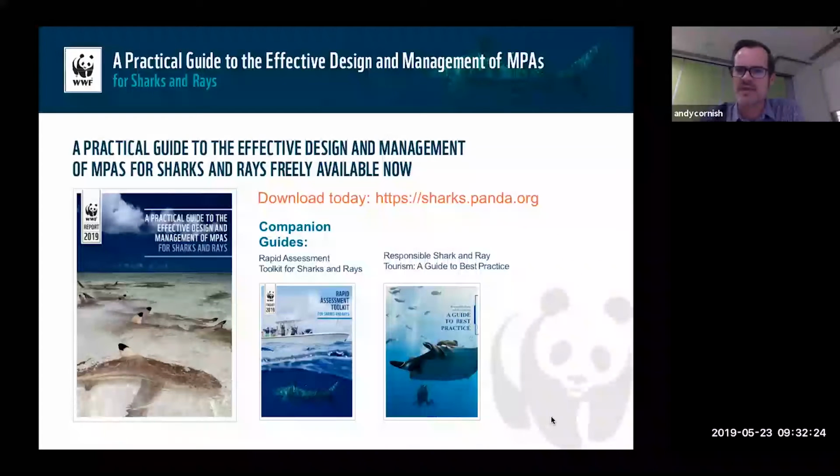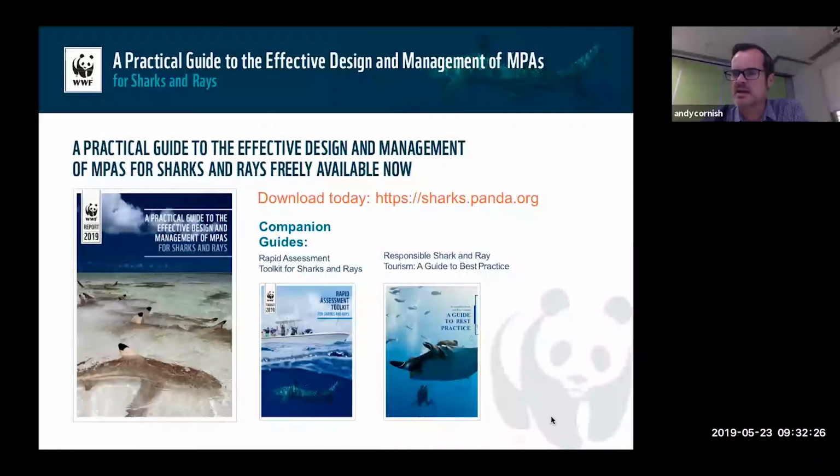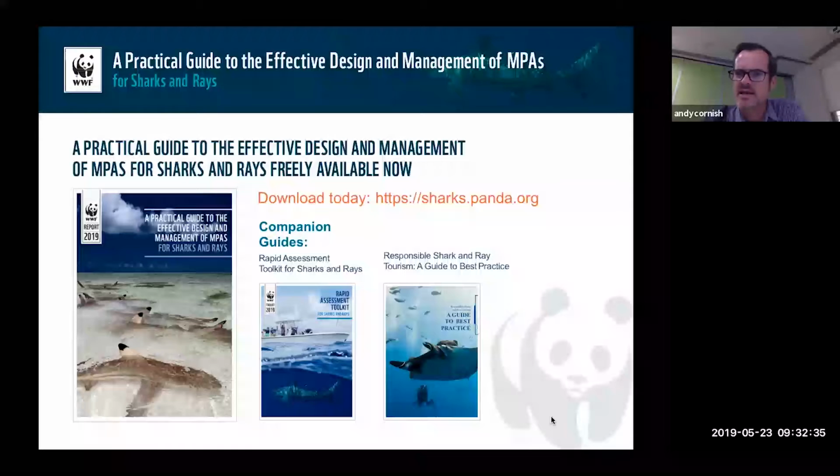The end goal of this is that we would like to see that the existing MPAs, where possible, are more effective in the terms that we talked about, but really to see an expansion of MPAs.